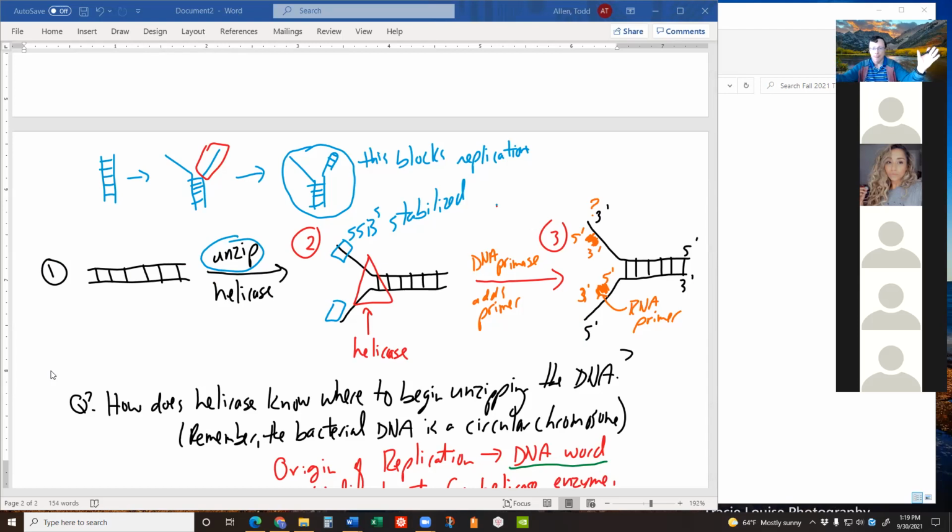So it doesn't stay. However, if there remains an area of single-stranded DNA that's exposed and there's nothing moving along that stretch, then the single-strand binding protein can reattach. Okay. Thank you.